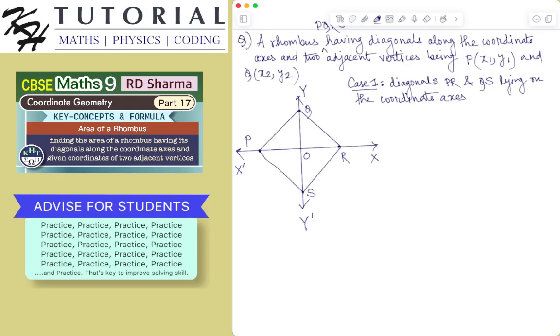Even though it is looking like a square, please consider this to be a rhombus, where the diagonals are PR and QS, and obviously they are intersecting at the origin O.